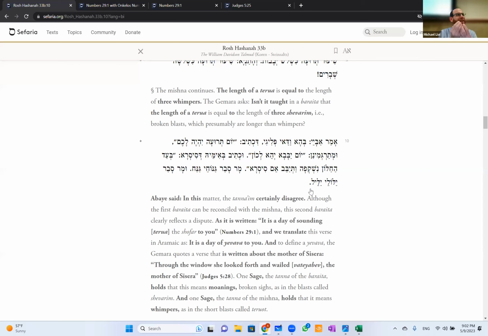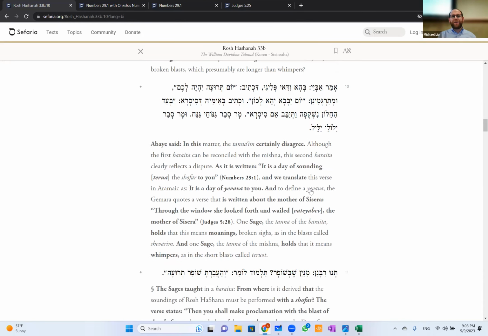You're not sure which one it is. So that's why you have one opinion saying it's a teruah, which is a whimper. The other one is saying it's more of a sigh. Exactly. It's more of an exhale. Right? It's not a cry, but it's like that. And that is called a shevarim.